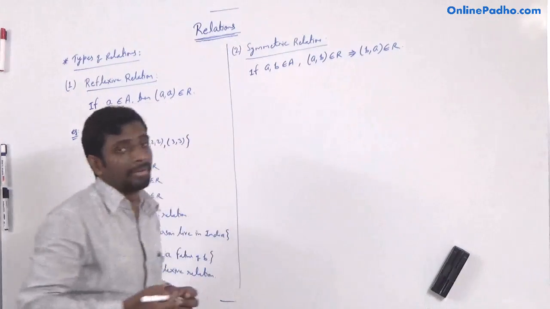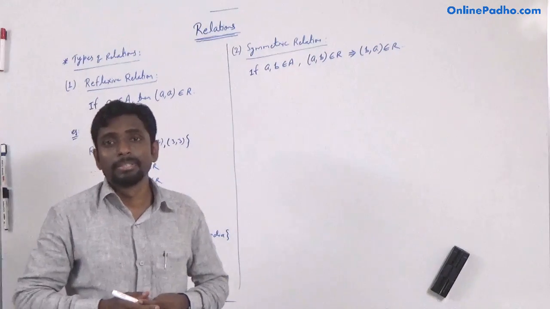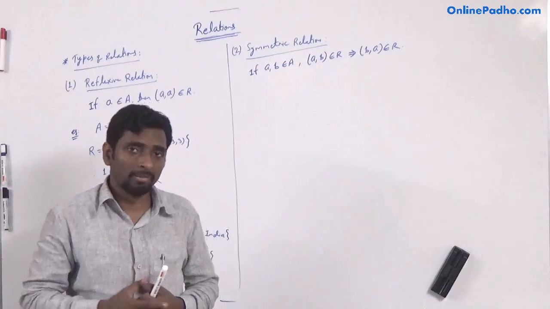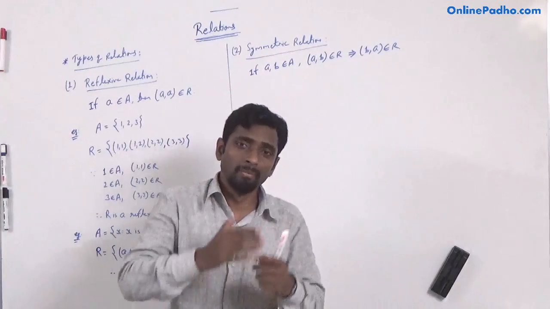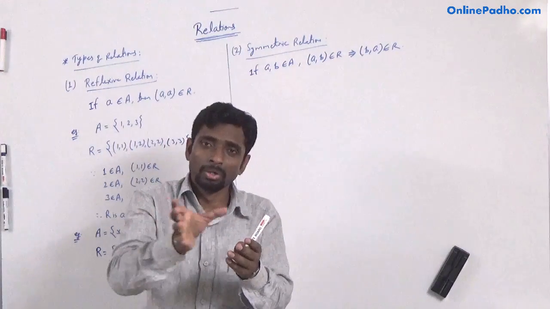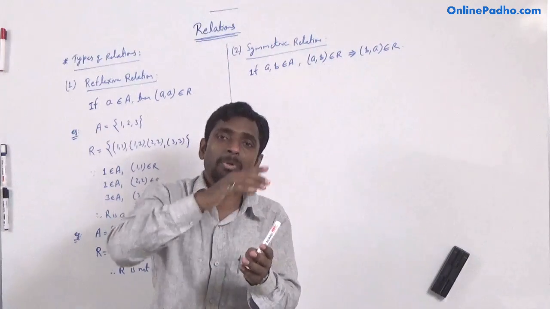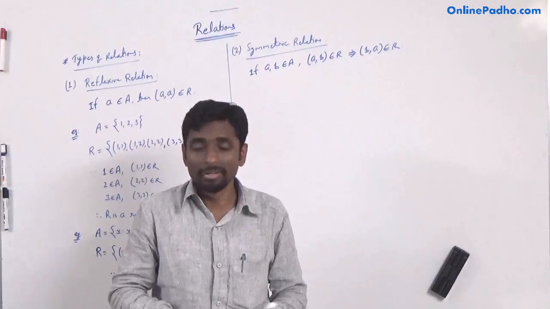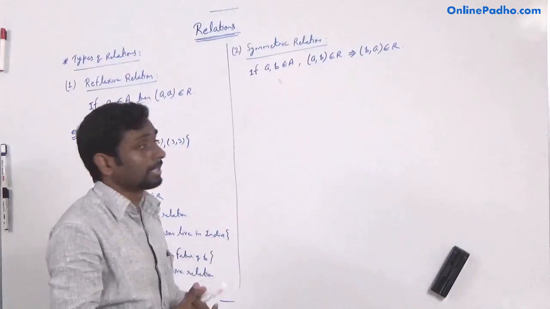Mathematically, this is a symmetric relation. According to the mapping of the relation, if (1, 2) belongs to the relation, then (2, 1) must belong to the relation. In that case, we can say that it is a symmetric relation.